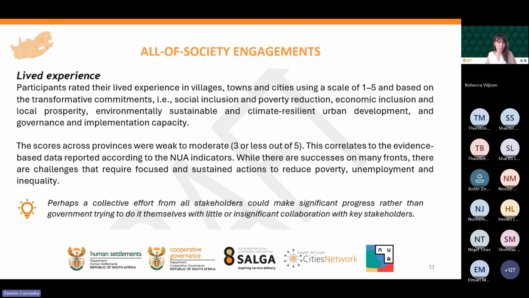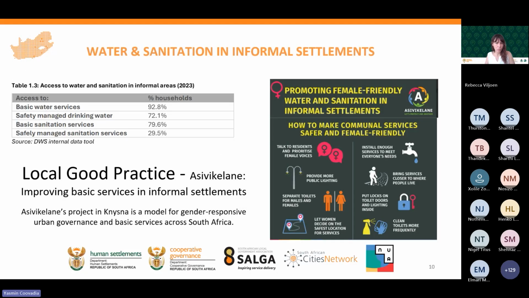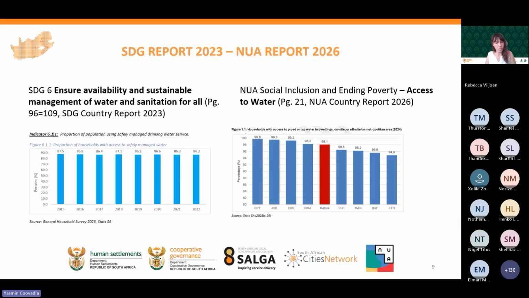So you can see that people in the country are not that happy with any of the services they receive in terms of where they come from in their areas. And if you link it back to the results that we put into the report about water or anything else, it seems to correlate. So we can talk about access.